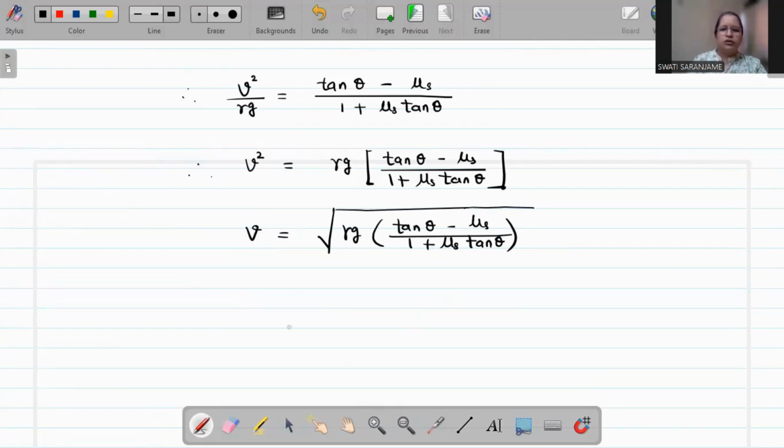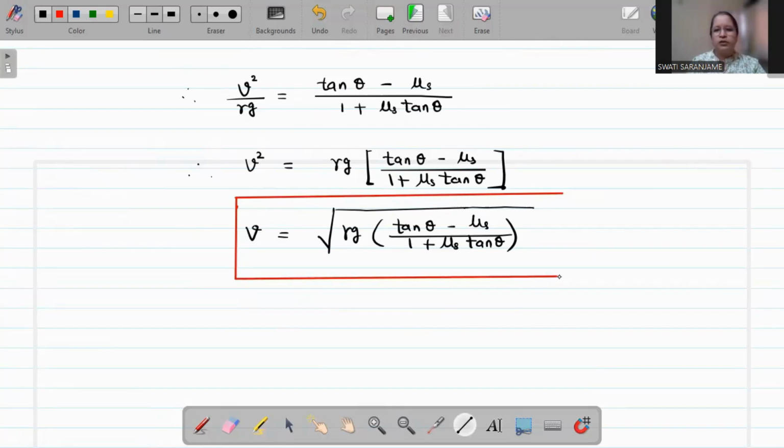That's it. This is the required expression if the vehicle is driven with a speed less than the optimum speed, which is represented by V is equal to under root Rg tan theta.